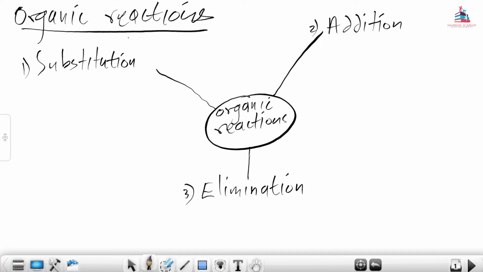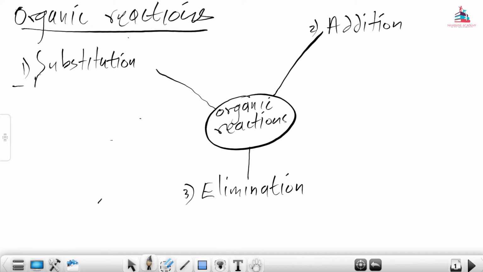Before I can understand what is substitution, or before I can easily think of which organic molecules will undergo addition, I need first to give what a substitution reaction is.